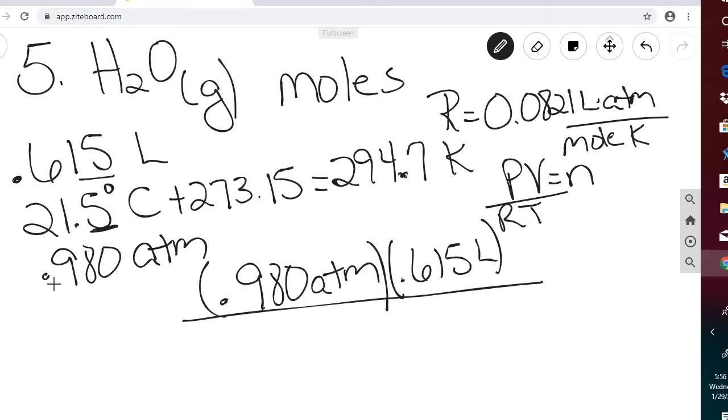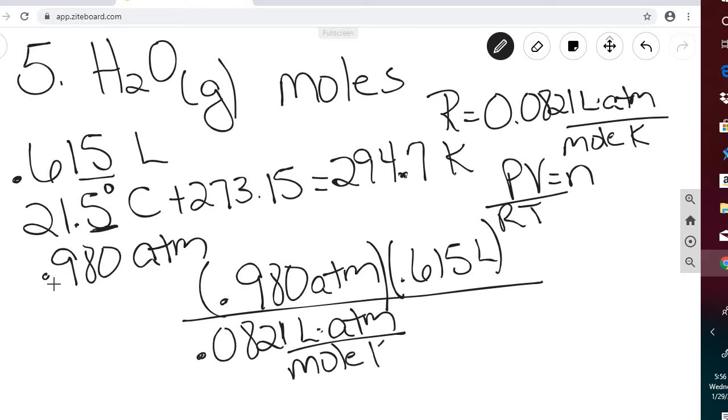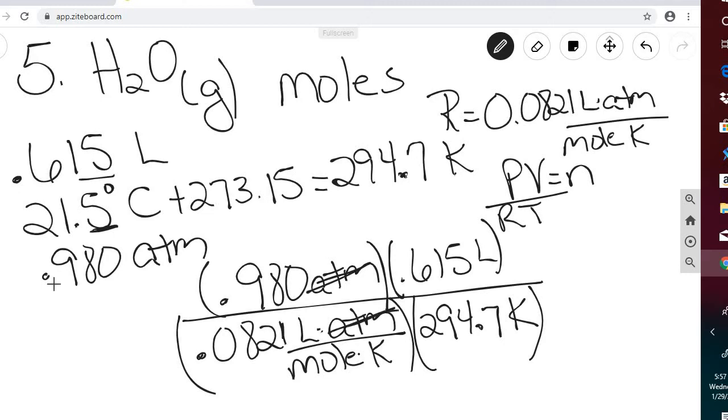And we divide that by R, which will be given to you, 0.0821 liters times atmosphere over mole times K. And then temperature in Kelvin, 294.7 K. Okay, so looking at units, atmosphere, cancel. Liters, cancel. Kelvin, those cancel. So all we're left with is moles.